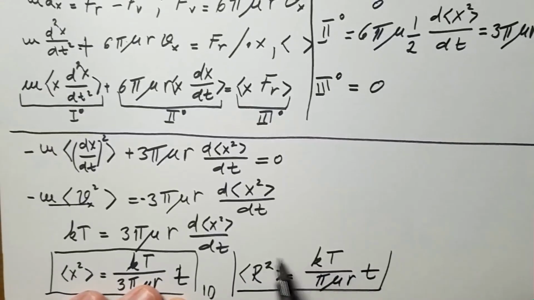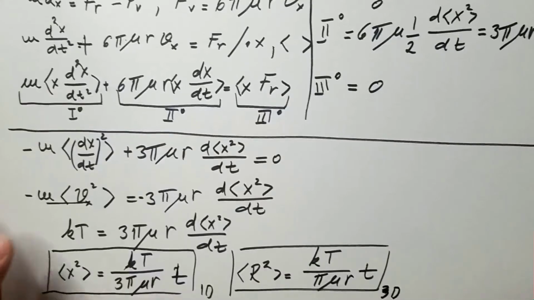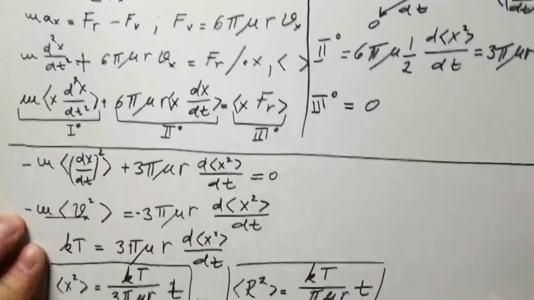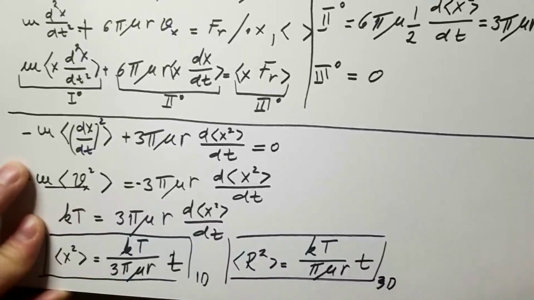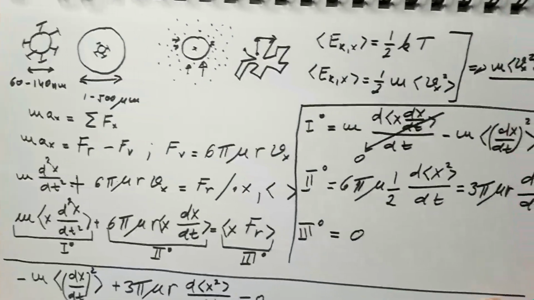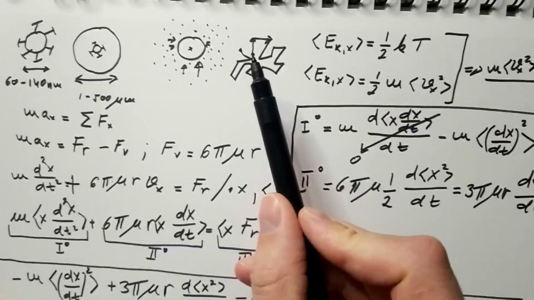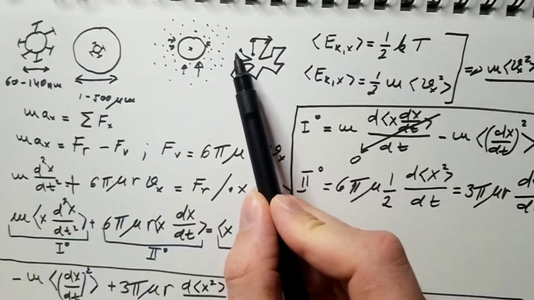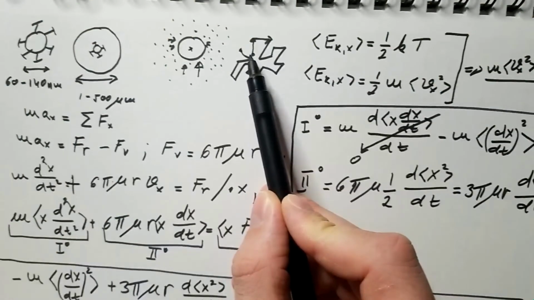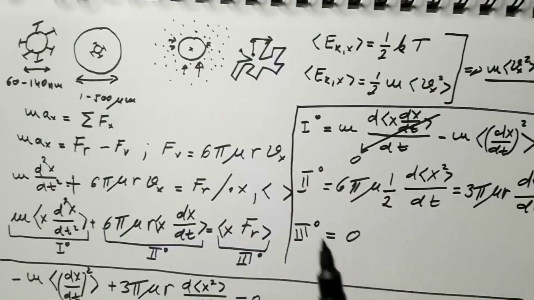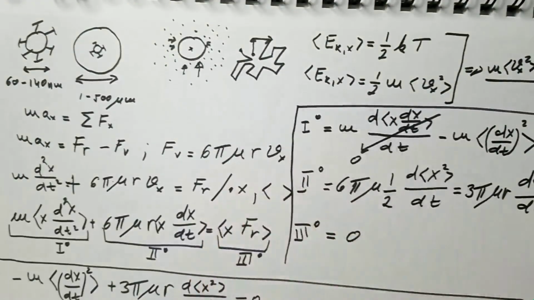And this is the 3-dimensional extension of this expression, which means that this equation here tells me what is the average distance, mean square displacement of this particle that starts here and moves through air due to Brownian motion.